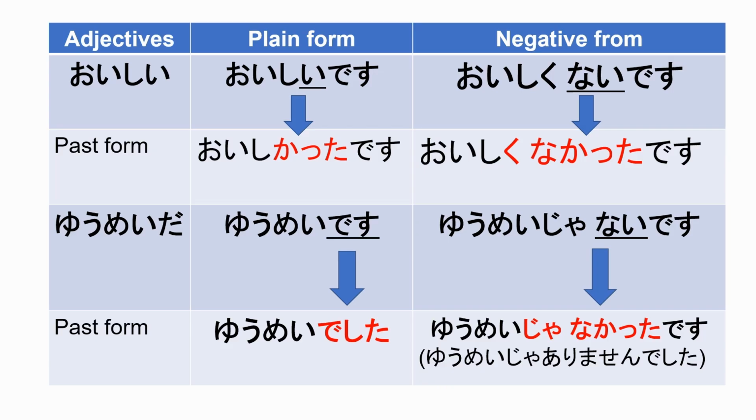Let's use a chart to review and organize adjective conjugation so it is easier to remember. First of all, おいしい, plain form おいしいです。What about the past form? おいしかったです。What about 有名だ?